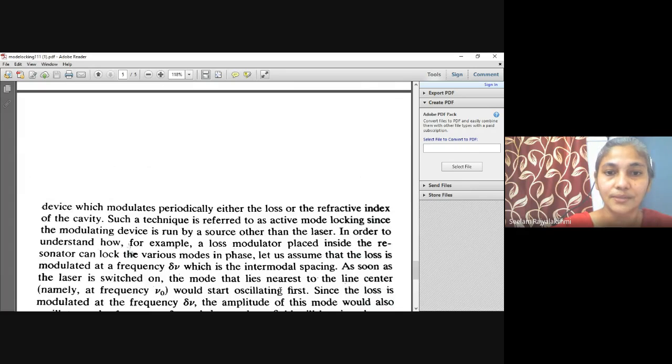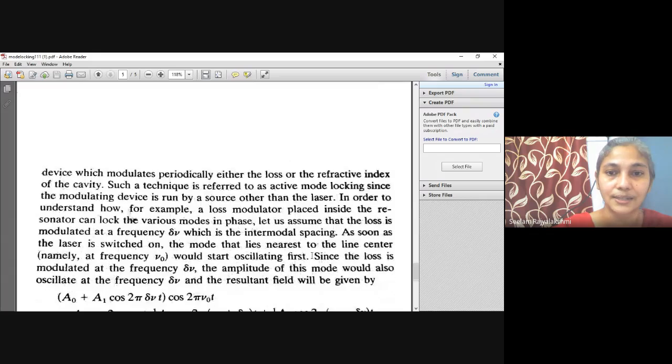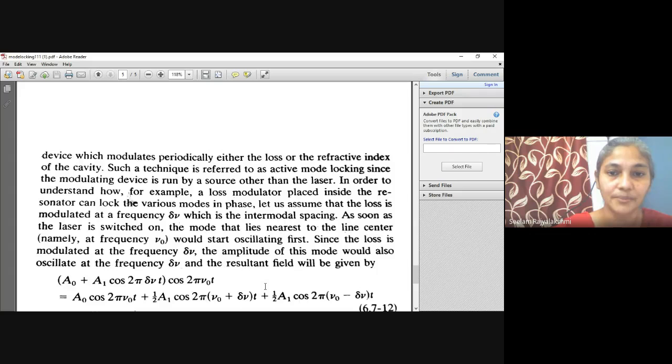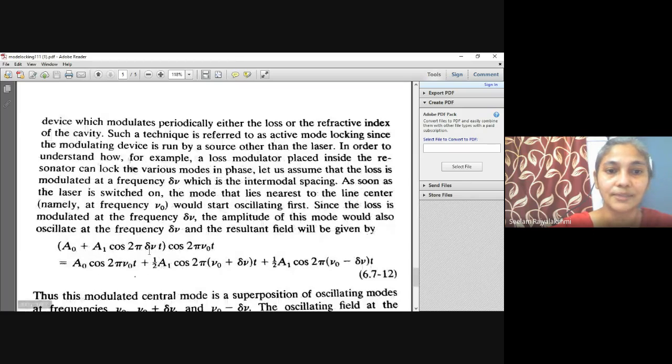Since the loss is modulated at frequency delta nu, the amplitude of the mode also oscillates at delta nu. The resultant is given by A naught plus A1 cos 2 pi delta nu t, times cos 2 pi nu naught t, which equals A naught cos 2 pi nu naught t plus half A1 cos 2 pi (nu naught plus delta nu) t plus half A1 cos 2 pi (nu naught minus delta nu) t, which is equation 12.